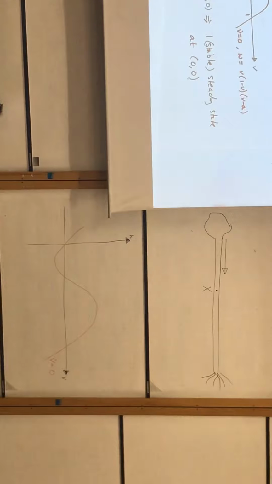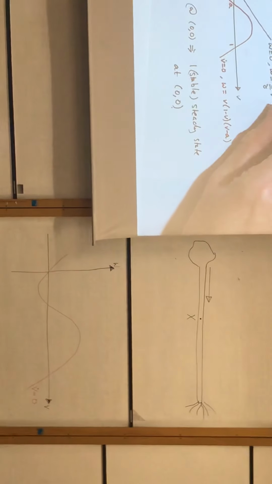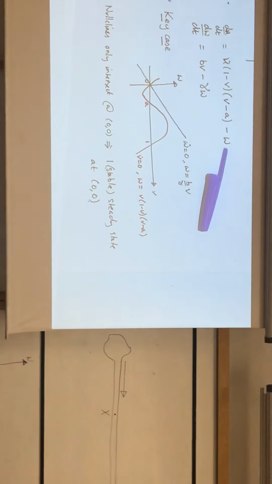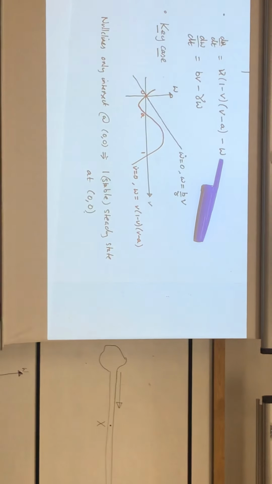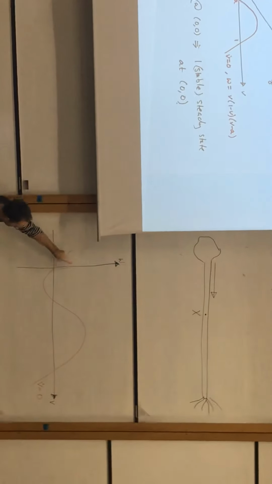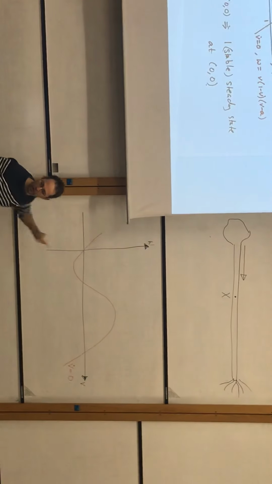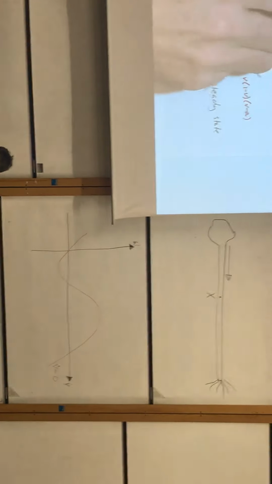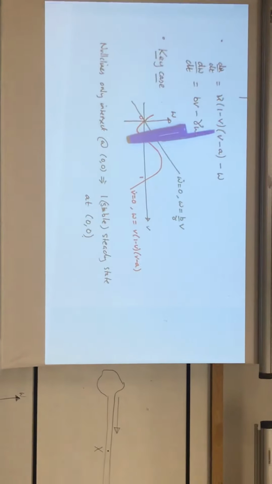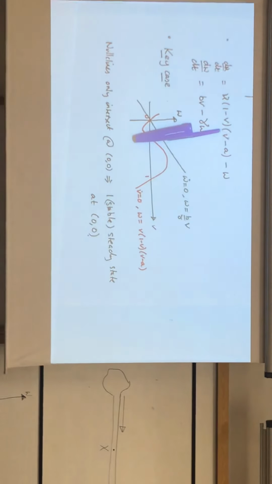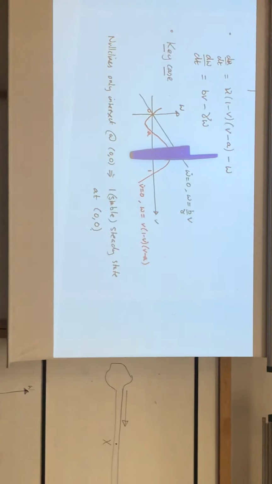Take an arbitrary point along there and plug it into the equation for dV by dt. So dV by dt is V(1 minus V)(V minus A) minus W. If we're on this positive vertical axis, V is clearly 0, so that term just disappears. W is something positive, so dV by dt has got to be negative.